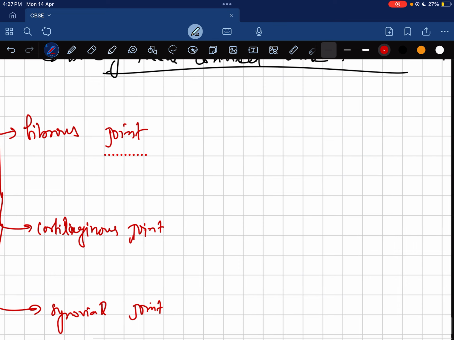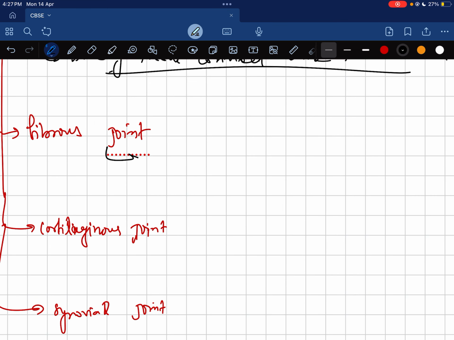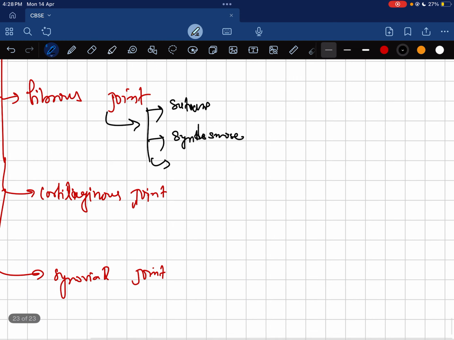Regarding fibrous joints, the bones are connected by fibrous tissue. Fibrous joints are also classified into suture, syndesmosis, and gomphosis.